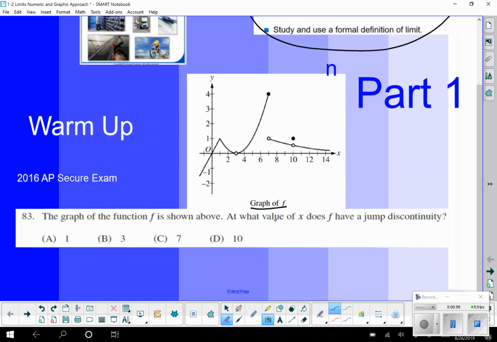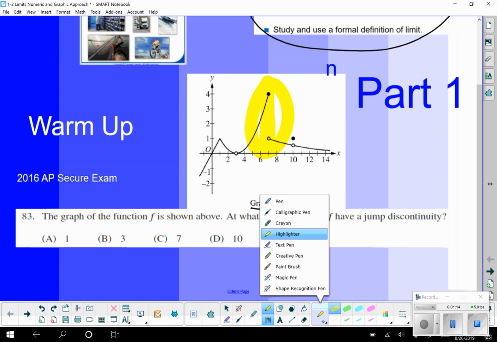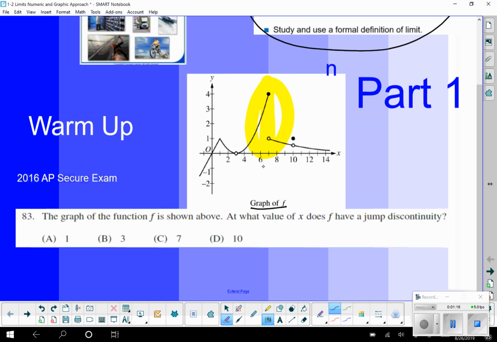At what value of x does it have a jump discontinuity? Well, a jump discontinuity would be right in this vicinity, wouldn't it, where we see that vertical jump going from one function leading into another function. So I would have to answer about 7. So I would say C, 7.